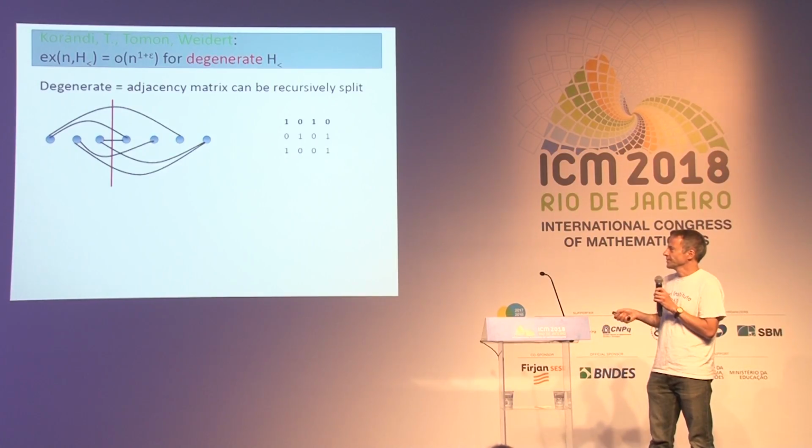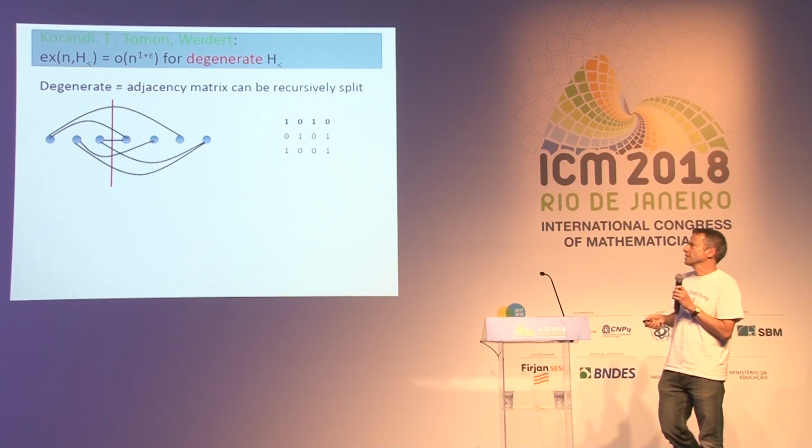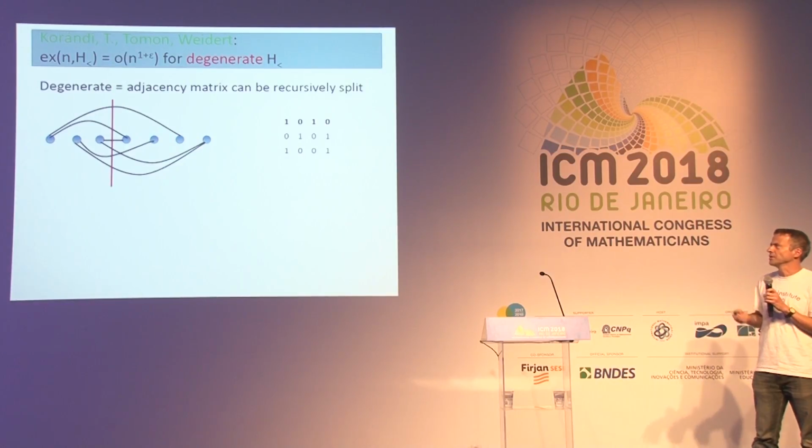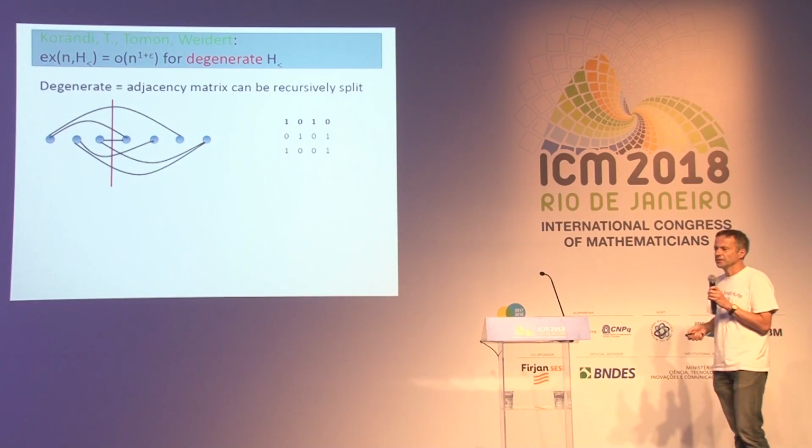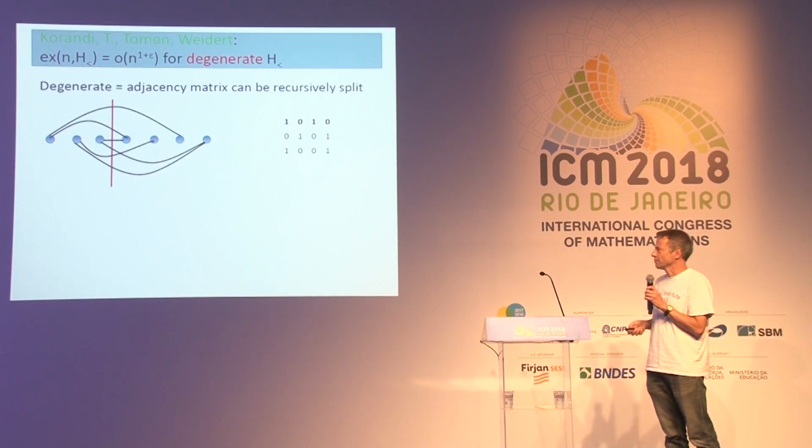So I won't give you the details of the proof, but I want to give you just what degenerate means, or what graphs this applies to.